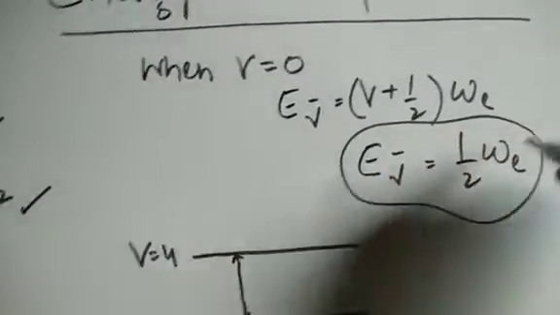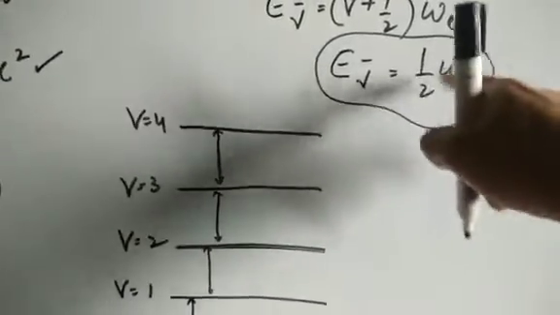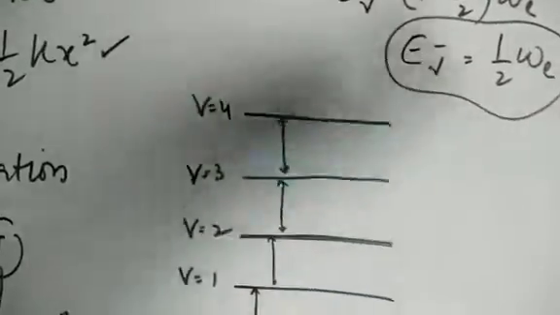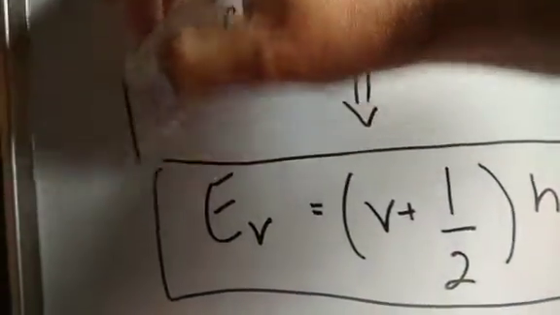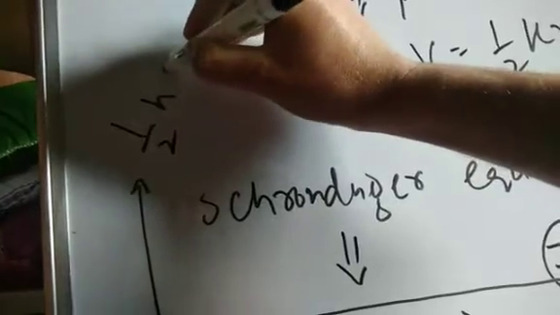It means the molecule in the ground state has some value of energy, that's 1/2 omega e. And if we calculate it in terms of this formula, it becomes 1/2 h nu. So whether you consider this one or this one.